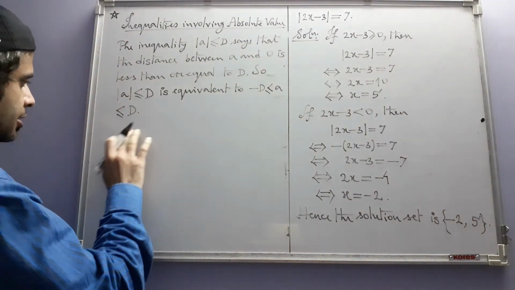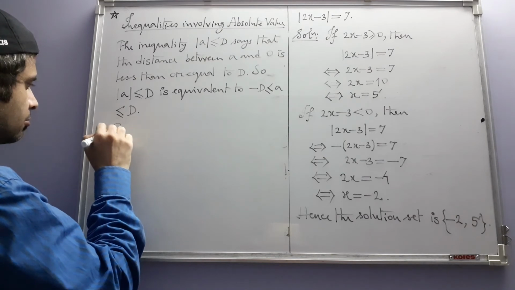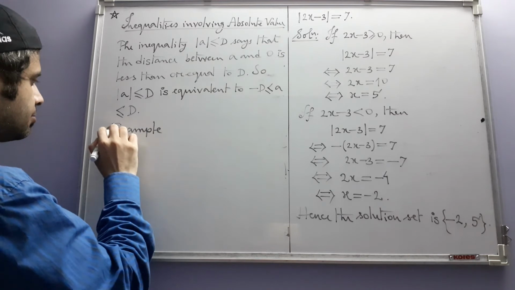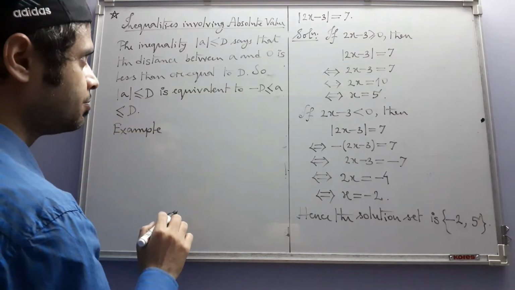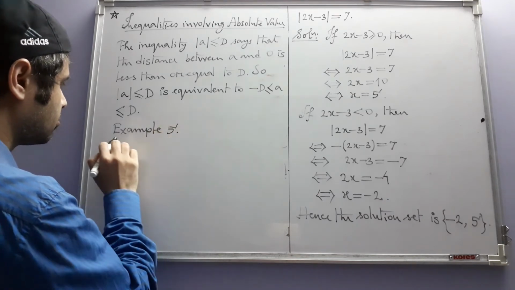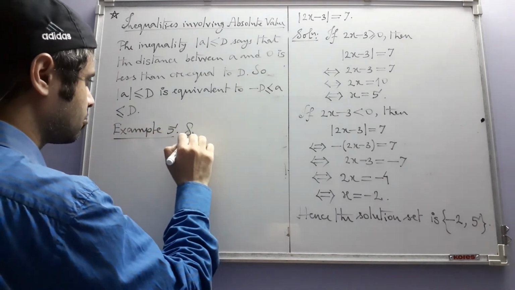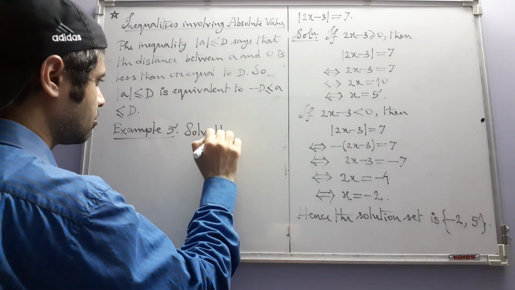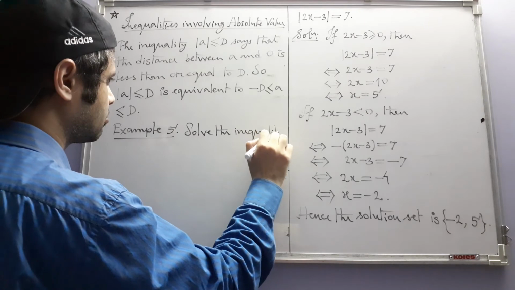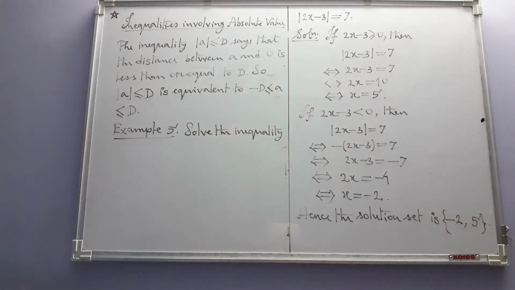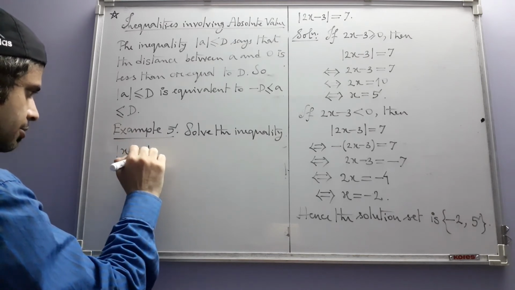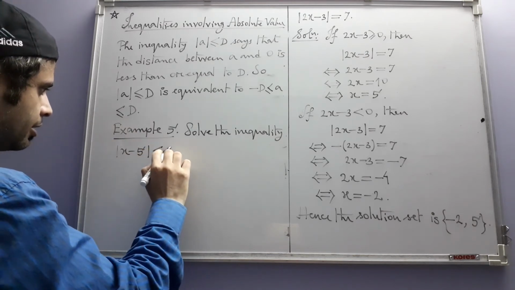Now, based on this understanding of this type of inequalities, we look at example 5. Solve the inequality |x minus 5| strictly less than 9.